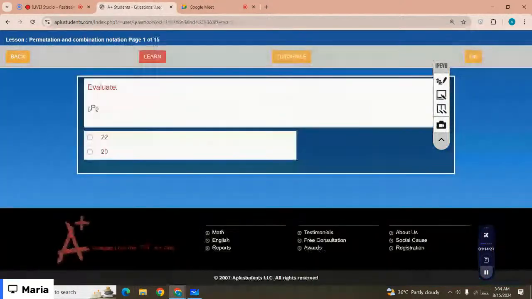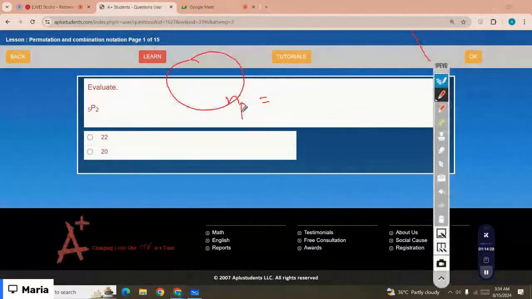You need to evaluate the permutations, right? So how do we evaluate the permutations? nPr equals n factorial divided by n minus r factorial. So n equals 5 and r equals 2.